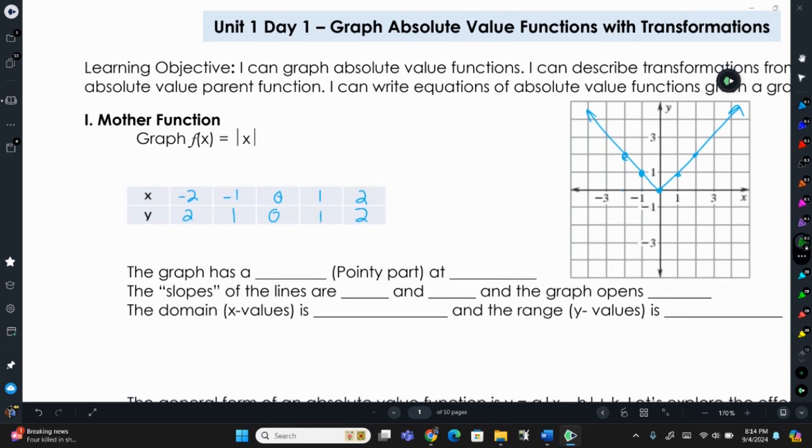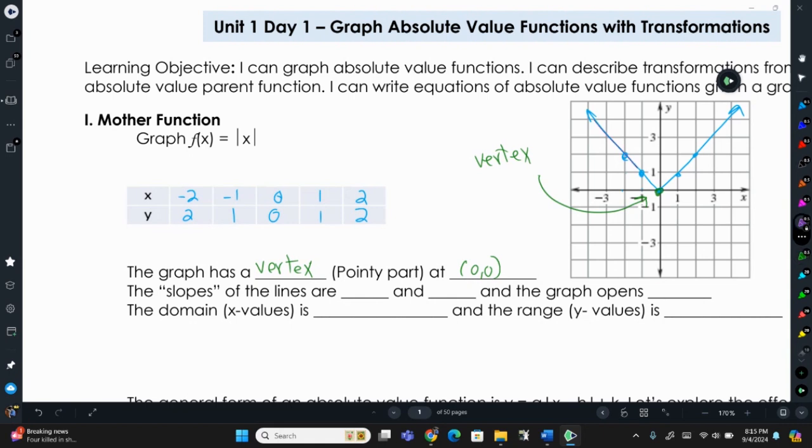Now all absolute value functions will be V-shaped, and they have something called a vertex, and that's the pointy part. So the vertex is the pointy part, and it's at 0, 0 in this graph. This is the vertex. Now you notice that it's two lines here.